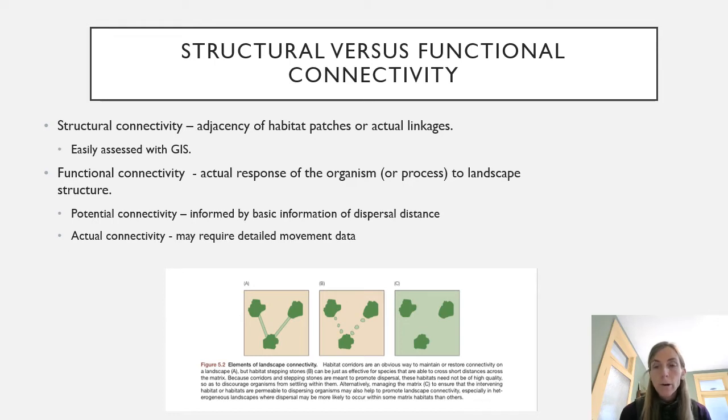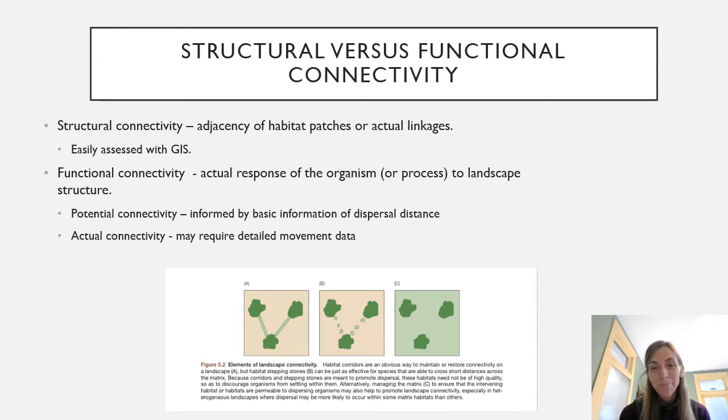It gets a little more difficult when we start to think about functional connectivity. So how does an organism or a suite of organisms view the landscape, and whether or not the organism is able to traverse the landscape despite that sort of physical feature of the habitat. So in our analyses in GIS, we may think about potential connectivity and use our best knowledge of organisms to understand if they may be willing to cross a certain matrix between habitat patches or not.